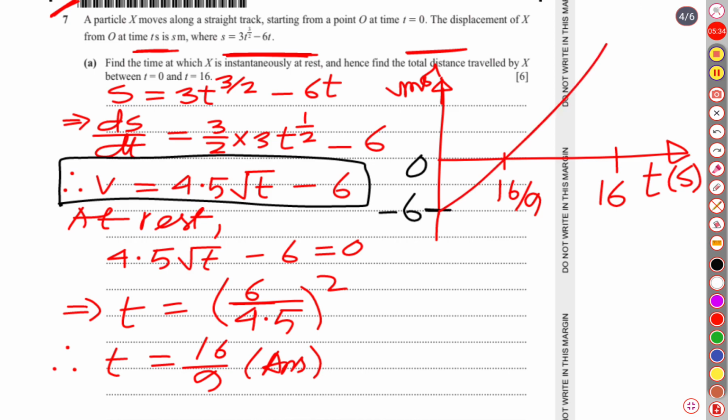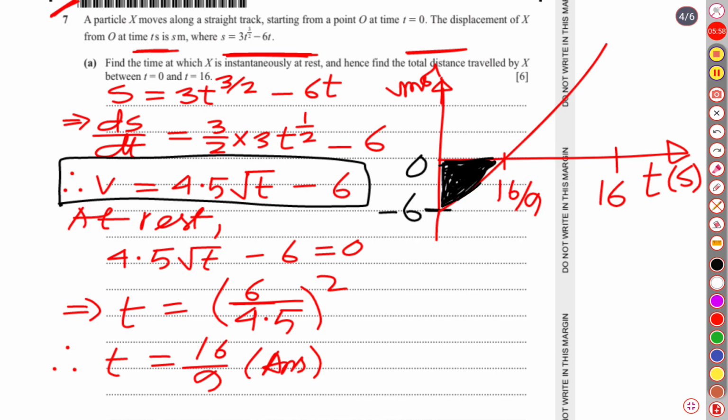Well, now according to this graph, the first phase of the particle is lying below the x-axis. From 0 until 16 over 9, the particle is moving below the x-axis.